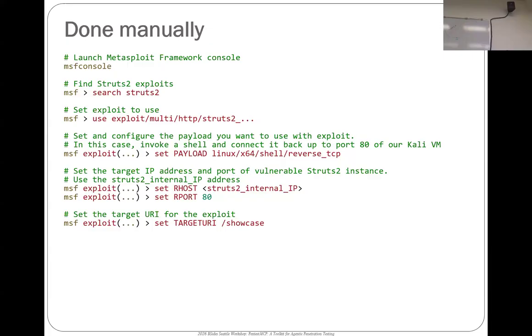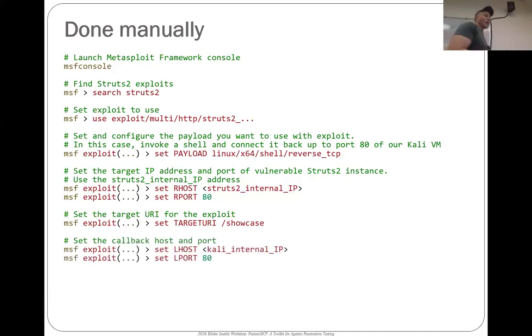The next part of the interaction is to set the target, the Struts2 internal IP address that you're going to attack, then set the port of the web service being run on that server. Then you say this is the URI to attack on that server. This is all being done manually in that lab.